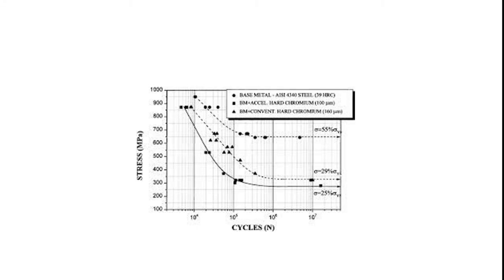In these plots, the number of cycles is usually plotted on the x-axis, which can be represented with a logarithmic scale. Most metals have SN curves that continually show longer lives at lower stress.